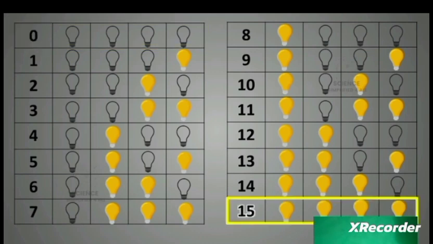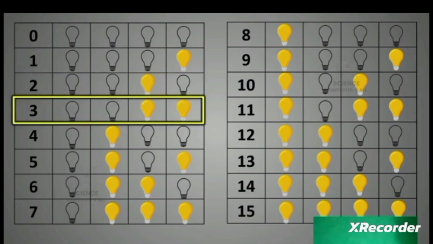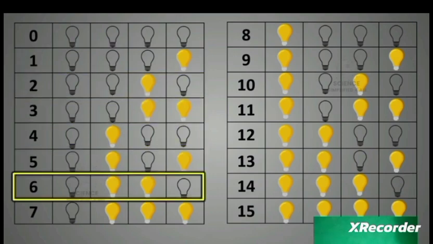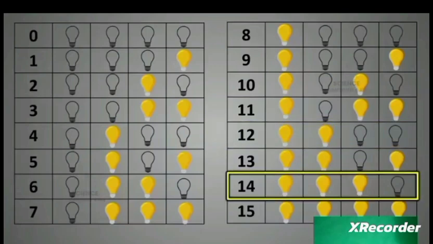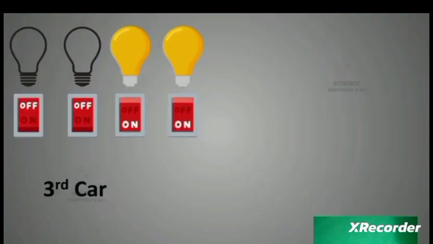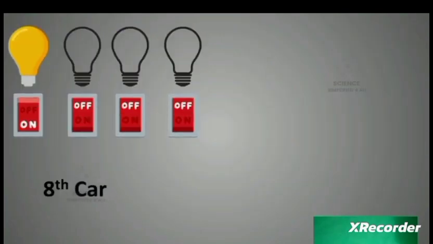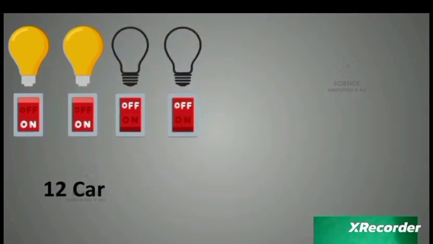When all are on, that represents 15. Any other combination in between represents a number between 0 and 15. So with just 4 bulbs, you can not only record the number, but anyone else looking at the bulbs later can also read the same number from it.